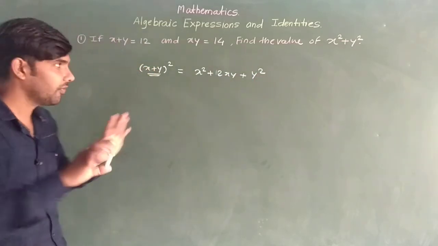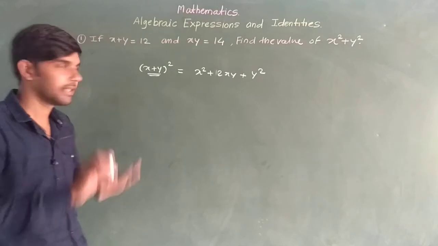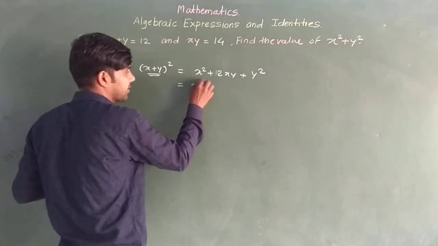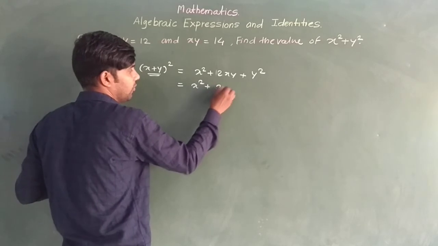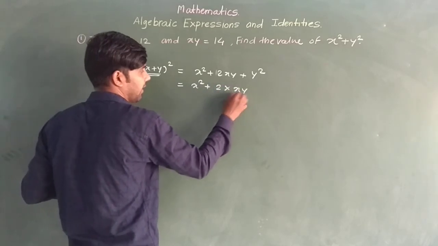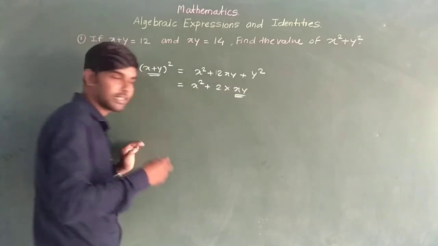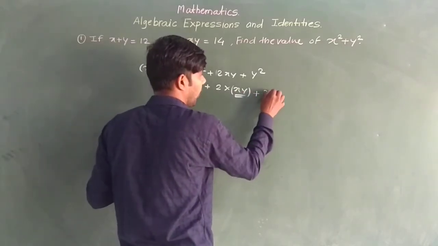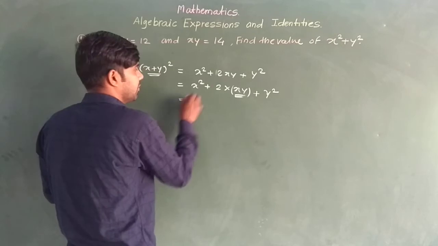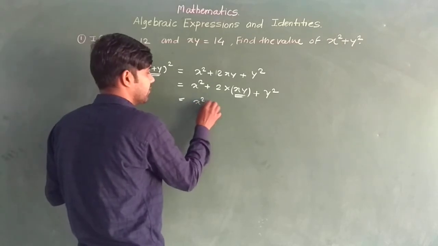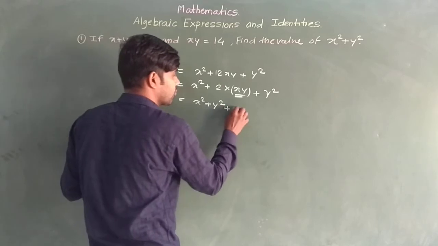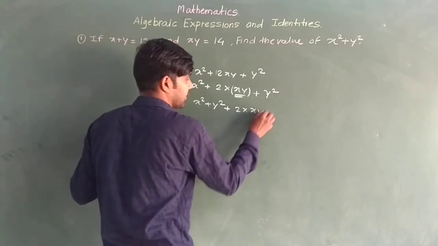If you write these terms separately, that means (x plus y) whole square is equal to x square plus 2 multiplied by xy, that is 2 into first term multiplied by second term, plus y square. Suppose we write this x square plus y square together, and this 2 multiplied by xy as the last term.